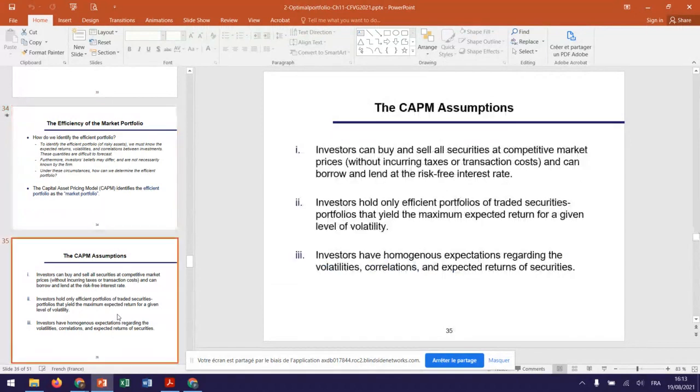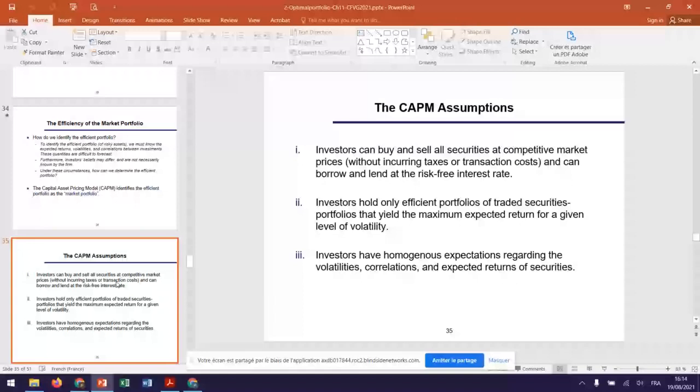After you assume this, you must also make some other assumptions. For example, in this model there is no market friction. It means everybody can buy and sell, there's no spread between the buy and sell price, and everybody can buy and sell all securities in a competitive market. No taxes are involved, no transaction costs such as the trading spread, and everybody can borrow and lend at the risk-free interest rate.